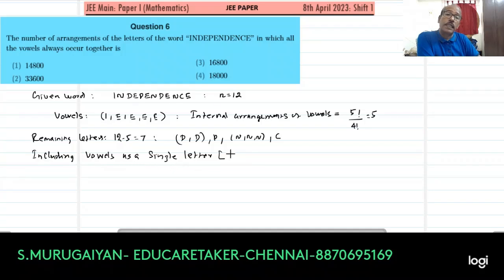It means the vowels are taken together. So overall, the different groups including the vowels along with the 7 letters make 8. So 8 factorial.